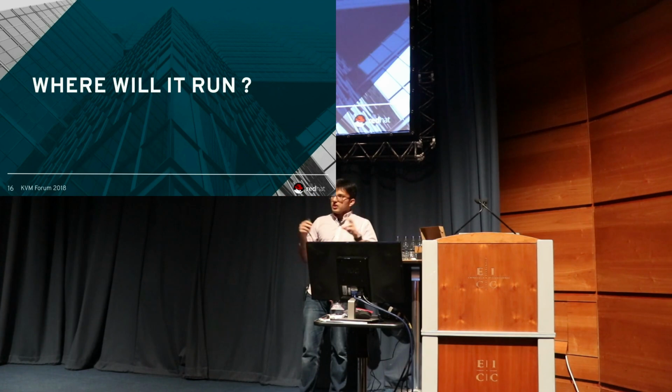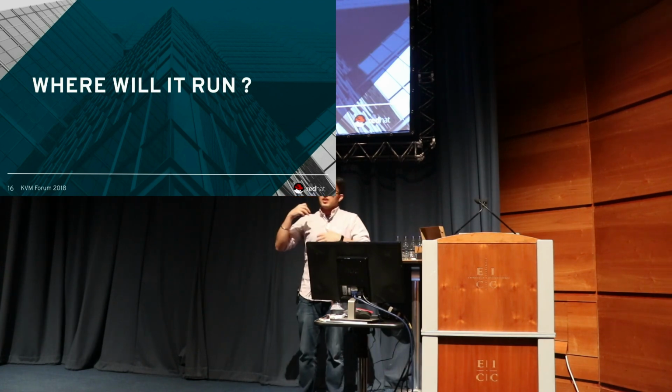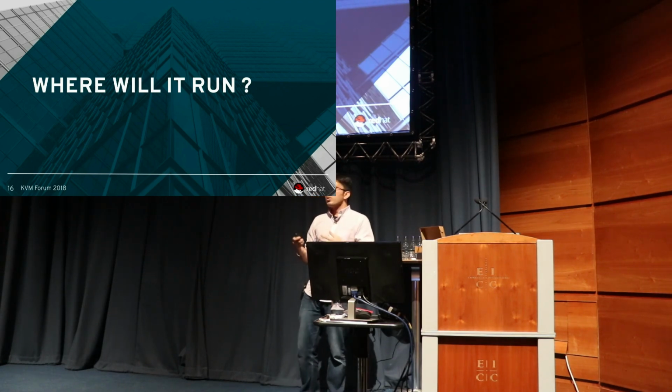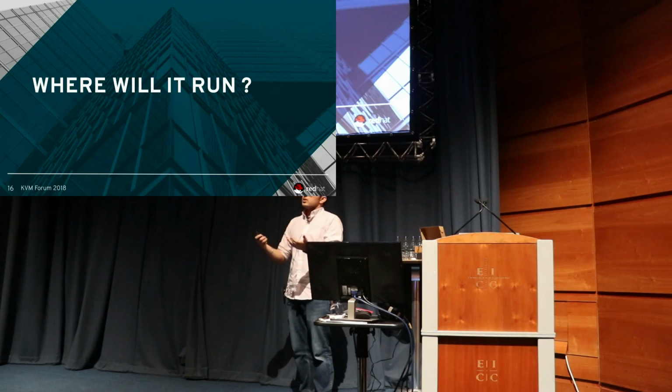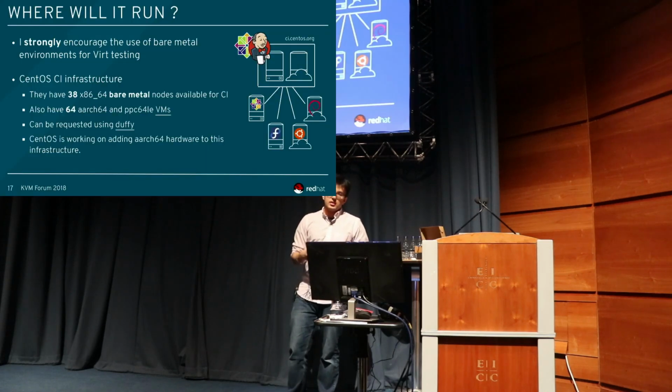The continuous part of continuous integration is very important. Just donating systems and then having them run on their own is not going to happen. We need people to be admins for these systems, look after their upkeep and make sure that they keep on running the tests.